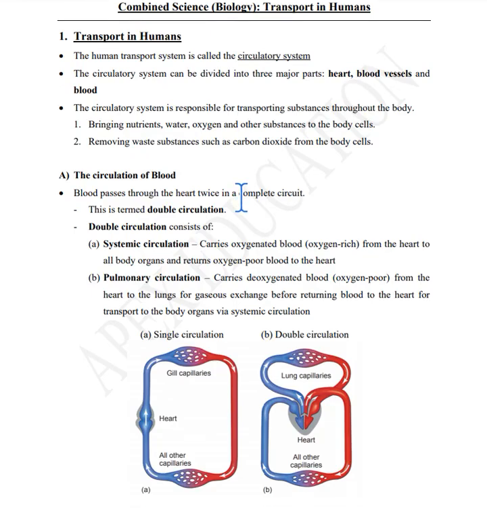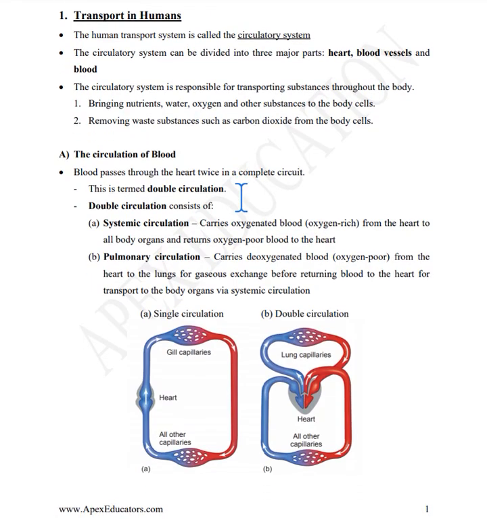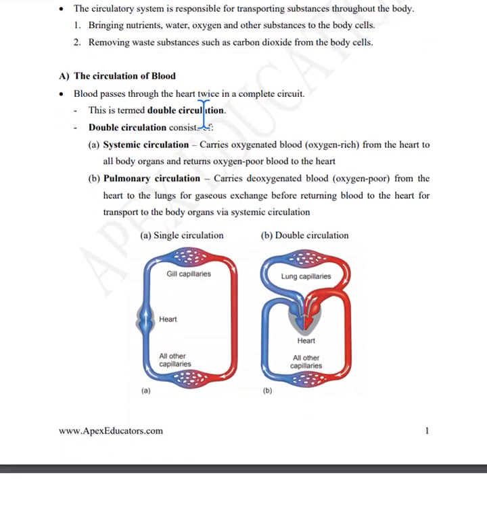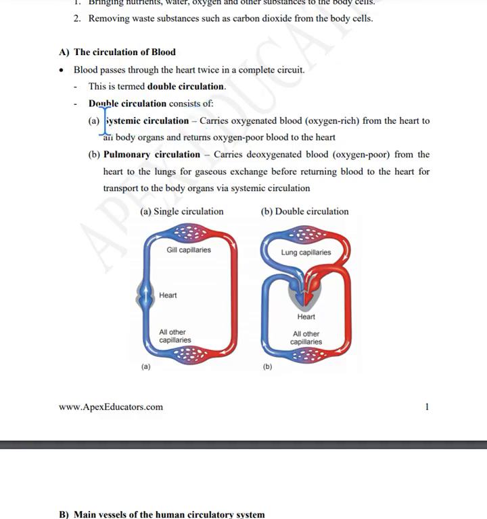Okay, chapter 6. Wow, finally the last one. Transport in humans. You need to know the parts covered in secondary 1 and 2, also a bit of your primary school science. The circulatory system consists of the heart, blood vessels and blood, and the circulation methods: systemic and pulmonary.